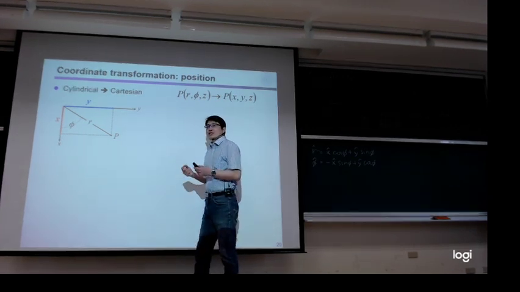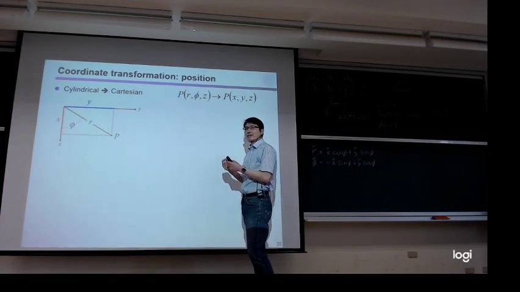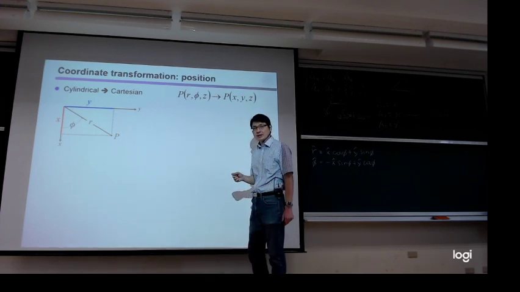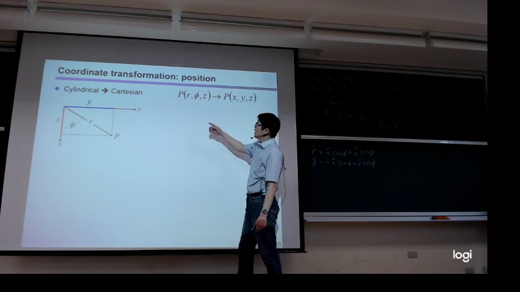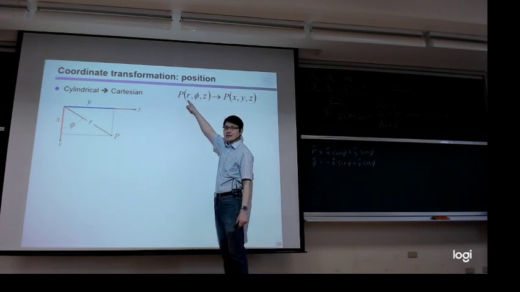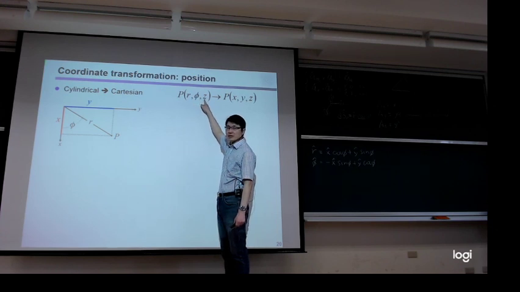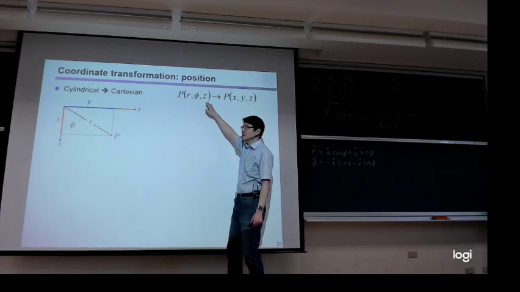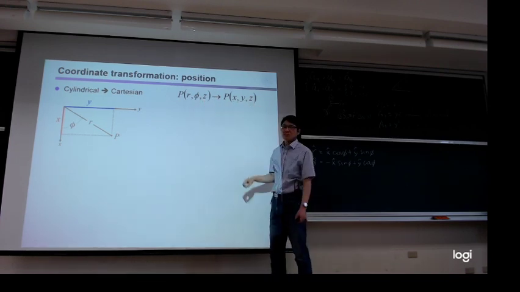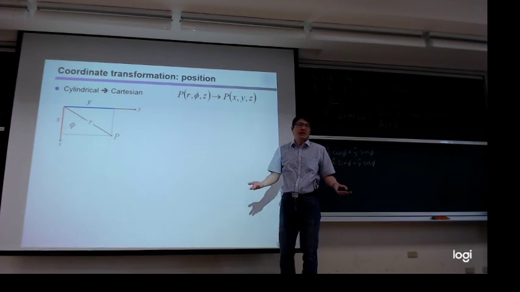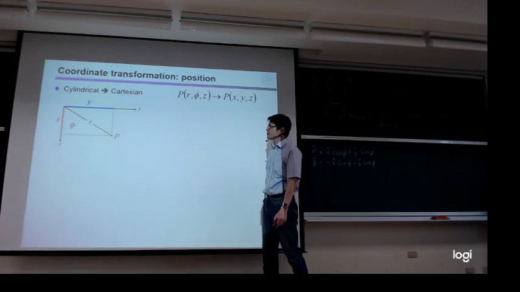When I first express a given point in cylindrical coordinate, it means I know its radius, I know its azimuthal angle, I know its height, z. But somehow I don't like it. I want to express it using x, y, z. Is it possible? Of course. If you like it, you can do it.